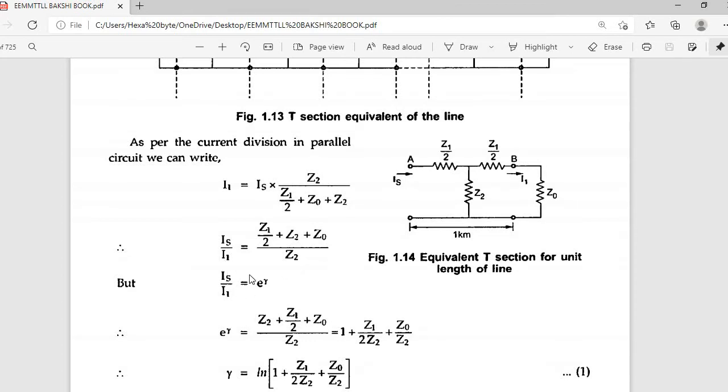But we already know IS by I1 is equal to e power gamma. Our currents are phasors, since the current here is EM wave energy, electron energy with high frequency. High frequency electron energy means we expect a phase constant and an attenuation constant.